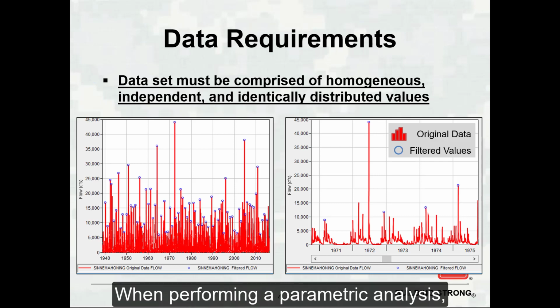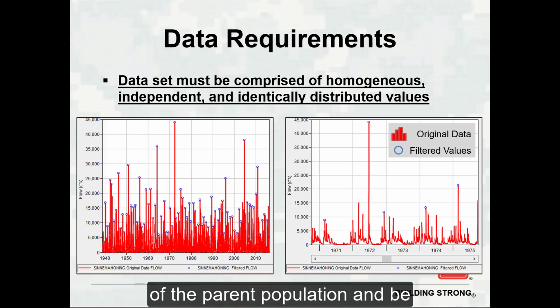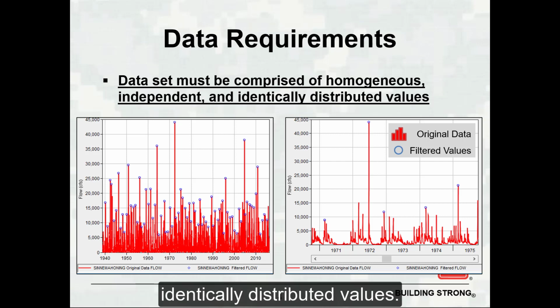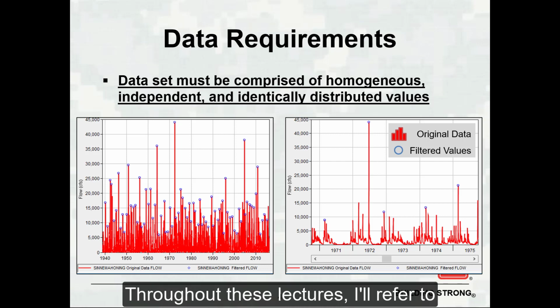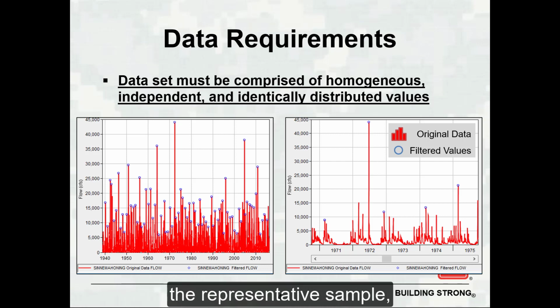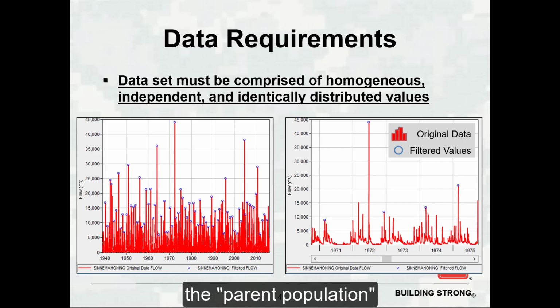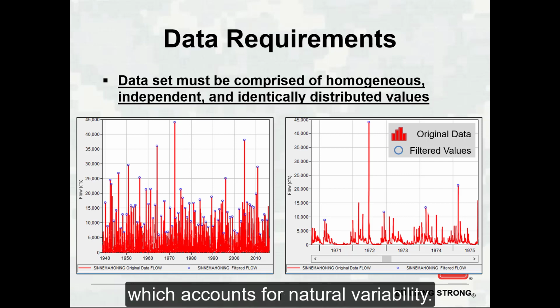When performing a parametric analysis, the data must be a representative sample of the parent population and should be comprised of homogeneous, independent, and identically distributed values. Throughout these lectures, I'll refer to the representative sample, which is what we typically have to analyze, as a child population. To be representative, the sample should be a random sample of possibilities from the parent population, which accounts for natural variability.